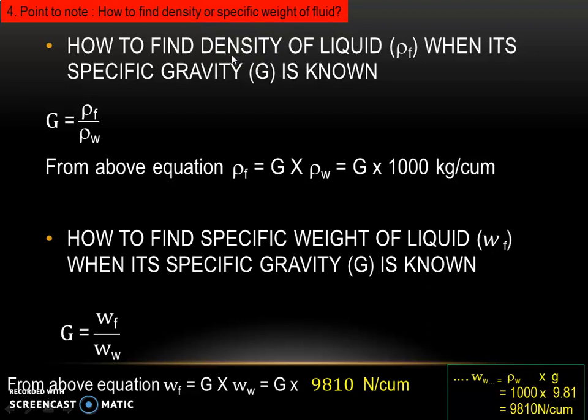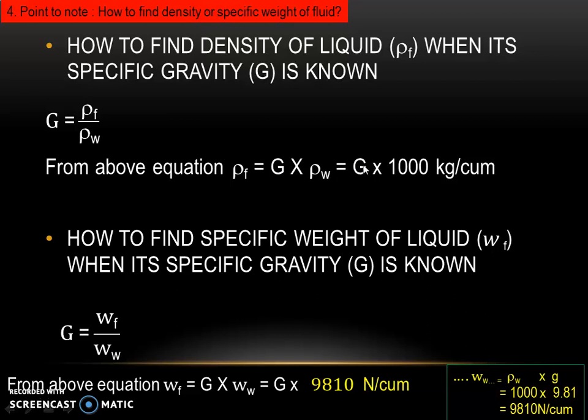Now, we will check the first one. To find density of liquid, that is rho F, when its specific gravity G is known, we will check the relation available between rho F and G. What is the equation? G is equal to rho F divided by rho W. From this equation, we can conveniently write rho F is equal to G into rho W. The value of G will be given in the problem.